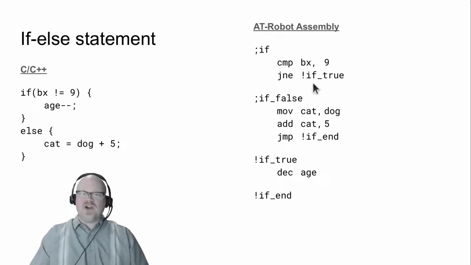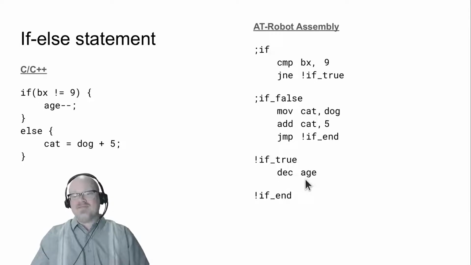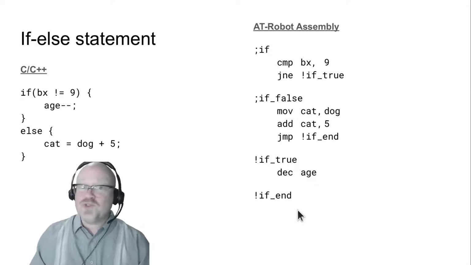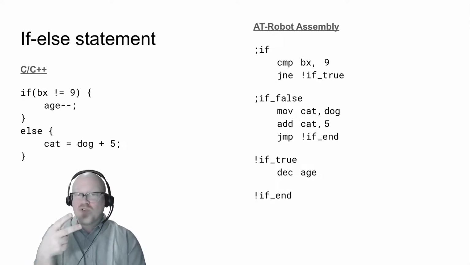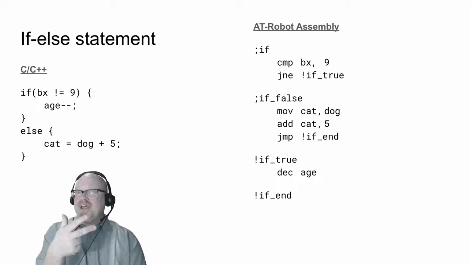For the true part of the code, I run the same first 2 instructions, but because the condition is true, I jump down to here, decrement age, and then the way I get out of the if is to do nothing but move on with life. So the true code has only 2 lines that have to be executed for control flow, whereas the false code has 3.